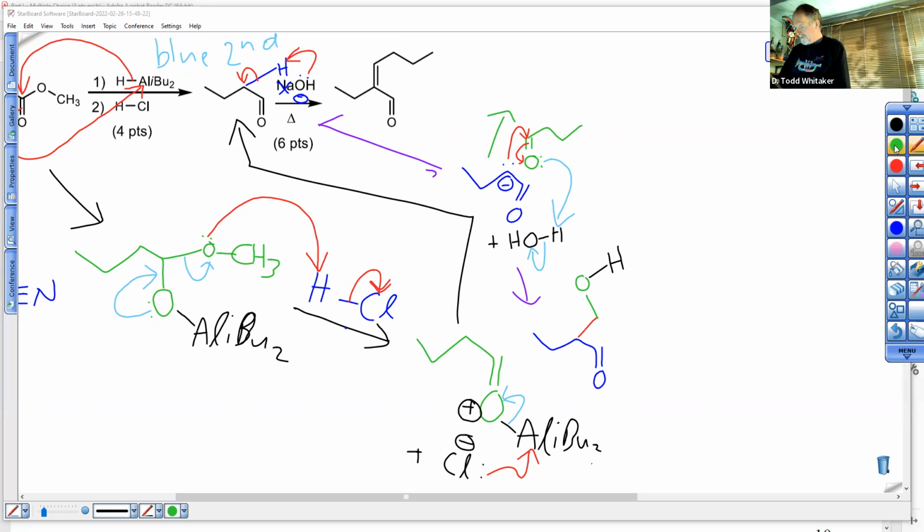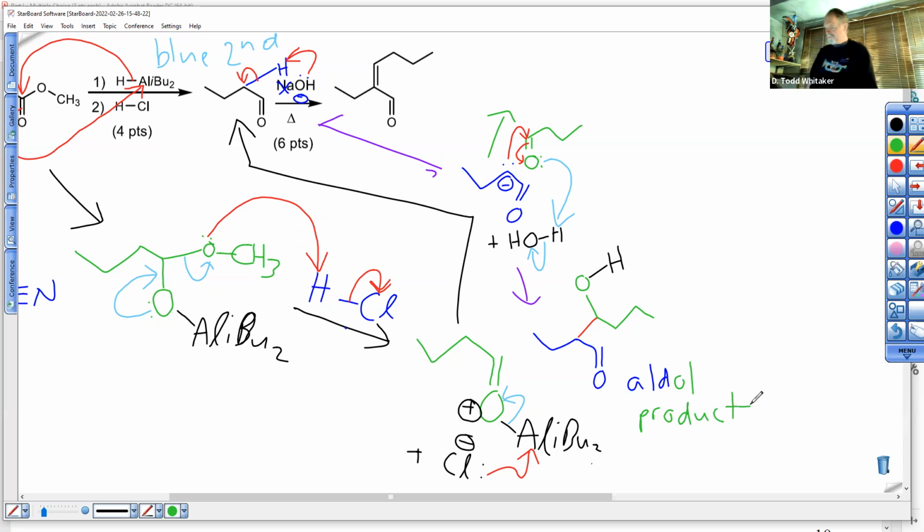Look at this product. It has 2 extra carbons, 3. Okay. It's got an aldehyde and an alcohol. Aldehyde, alcohol in the same molecule, called the aldol product.